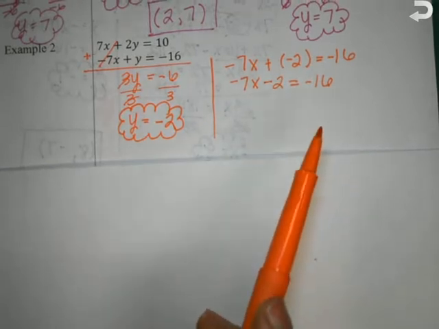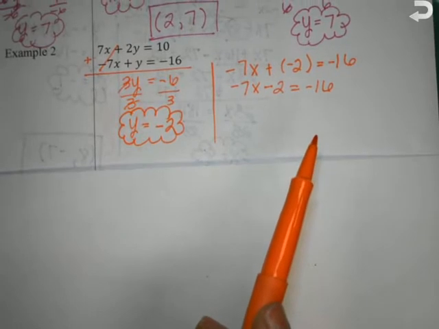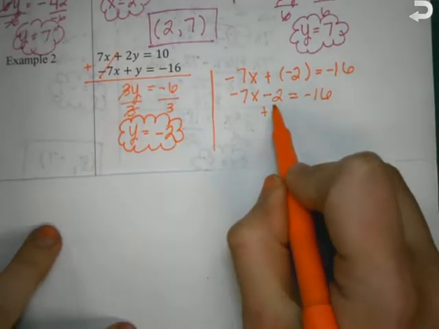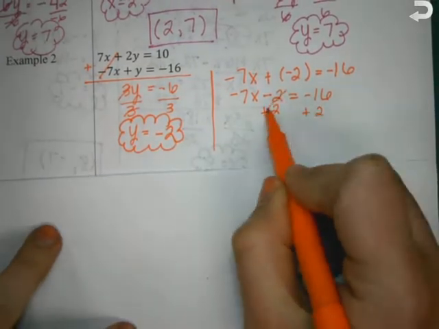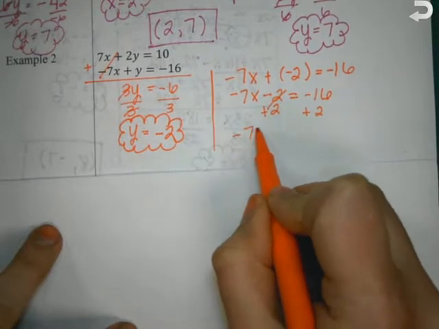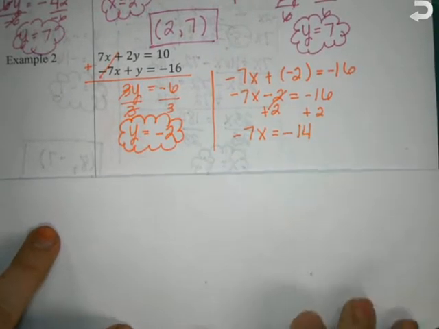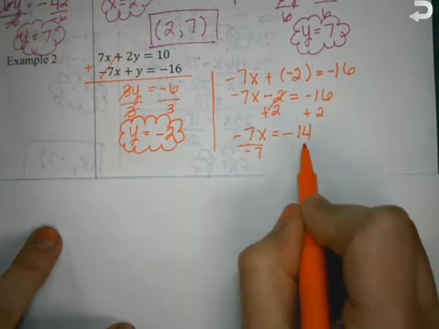Add what? Add 2 to both sides. So that is negative 7x equals negative 14. Divide both sides by negative 7. So x equals positive 2.